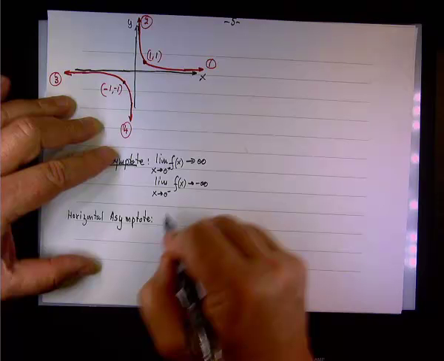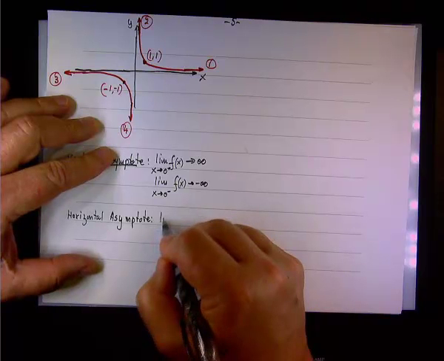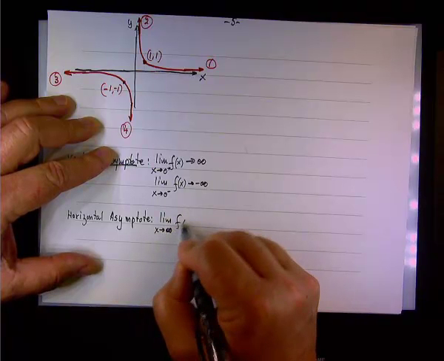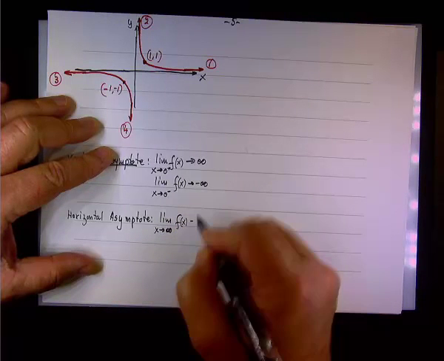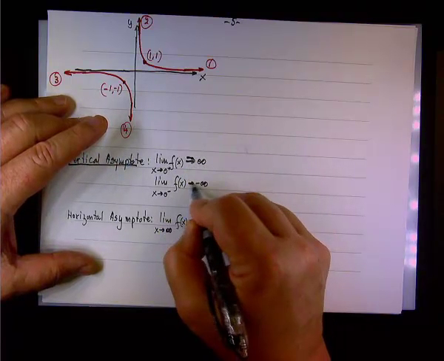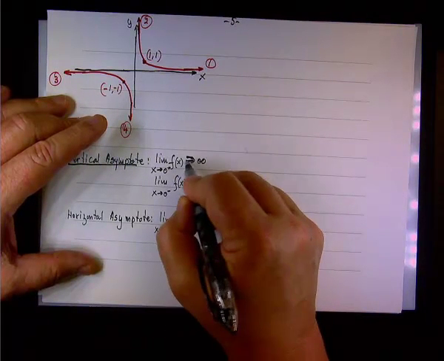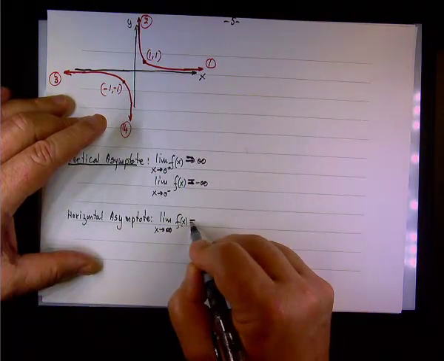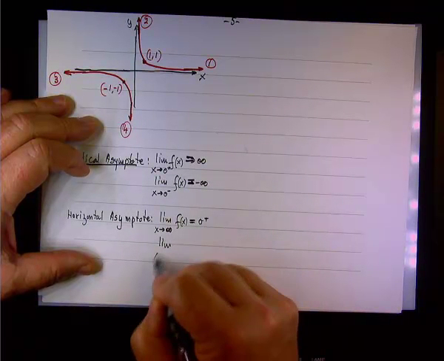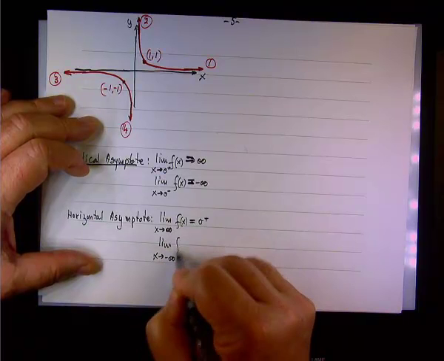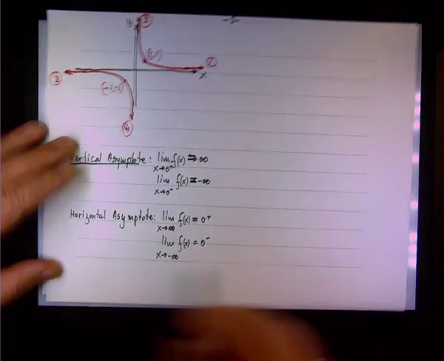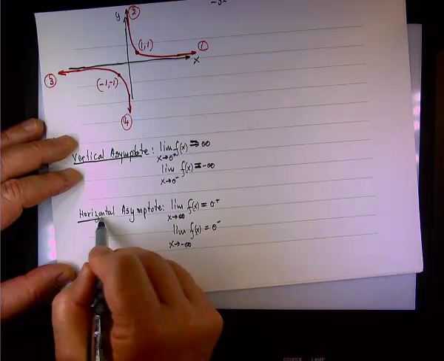And in this case, we're going to say that the limit as x goes to positive infinity of f of x equals 0 plus, and the limit as x goes to negative infinity of f of x equals 0 minus. Actually, instead of an arrow, you want to put the equal sign. Sorry about that. So these are the horizontal asymptote.